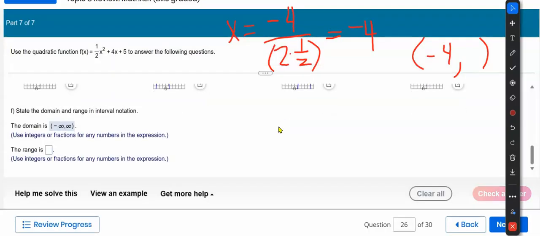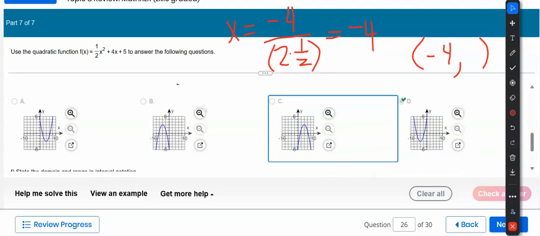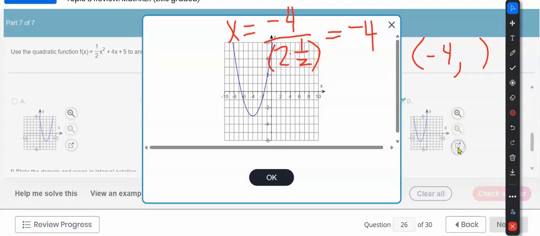What about the range? Look back at the picture, letter choice D. Here, I'll blow it up a little bit bigger. What's the range? What's the lowest point? Negative 3.